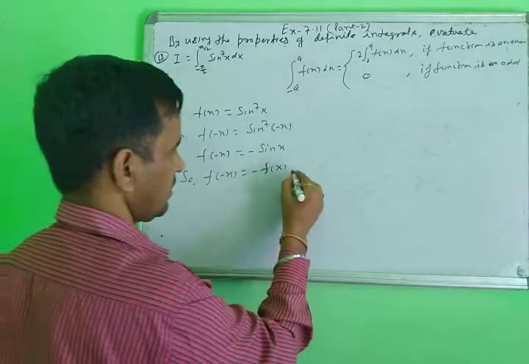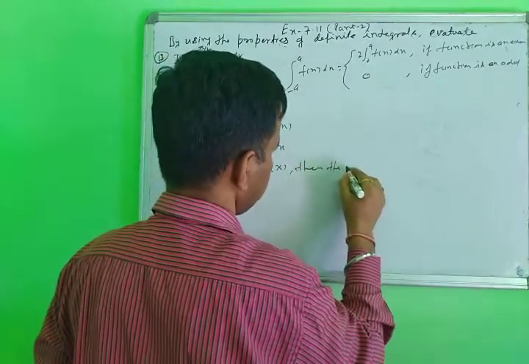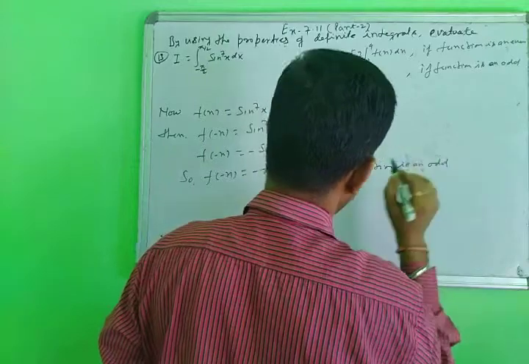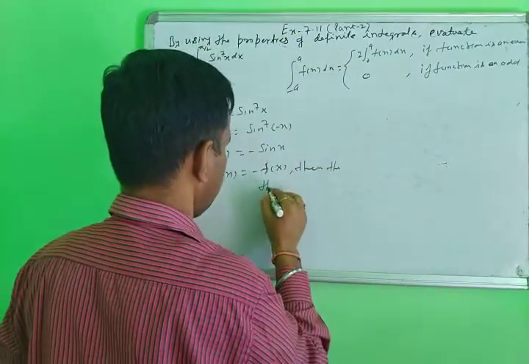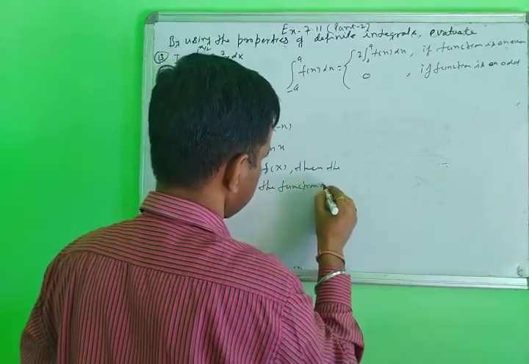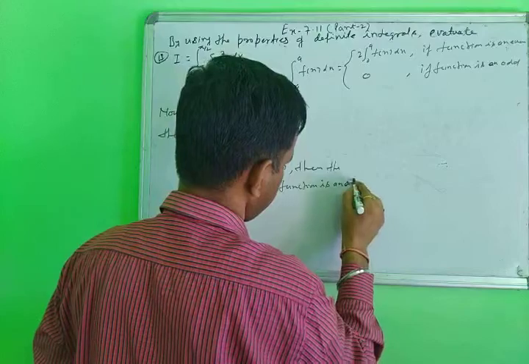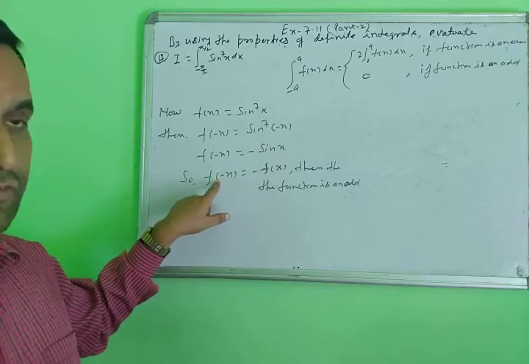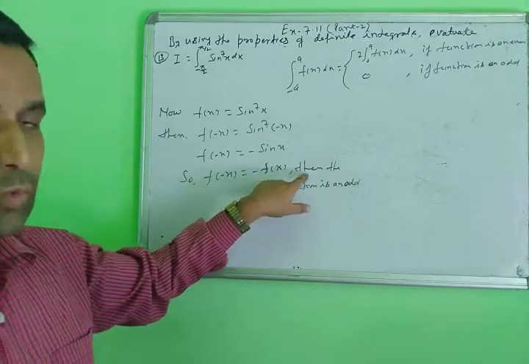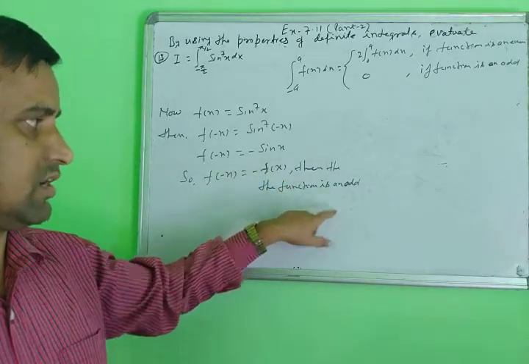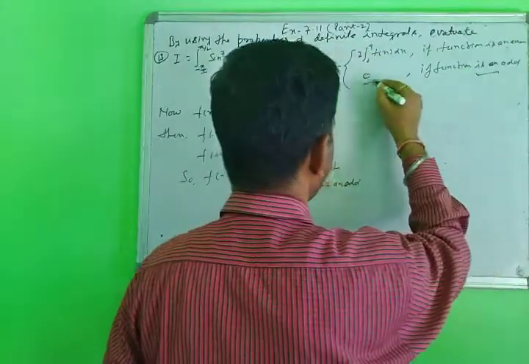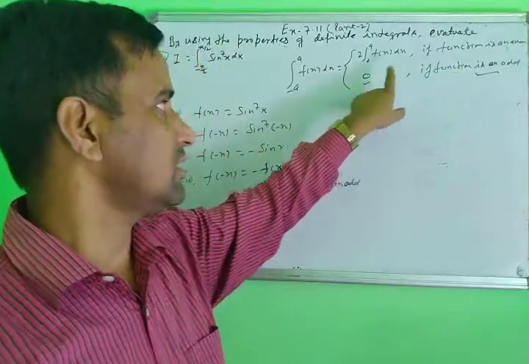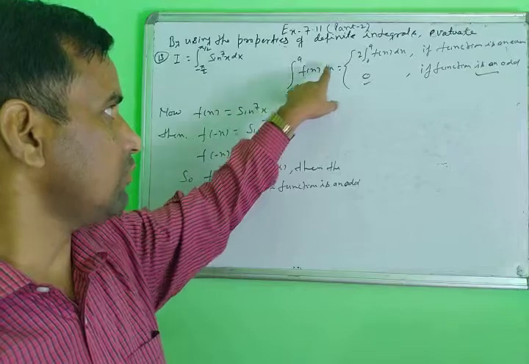So the function is an odd function. When this condition f(minus x) equals minus f(x) is satisfied, you can say the function is an odd function. When the function is odd, by this property, the value of the integration of this portion is 0.